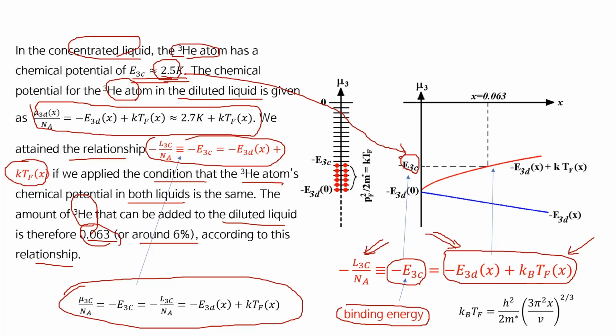So if we equate these two equations and find the point where the two equations meet, at this point, that corresponds to the concentration of the helium-3 in the diluted liquid, that is about 6.3%.